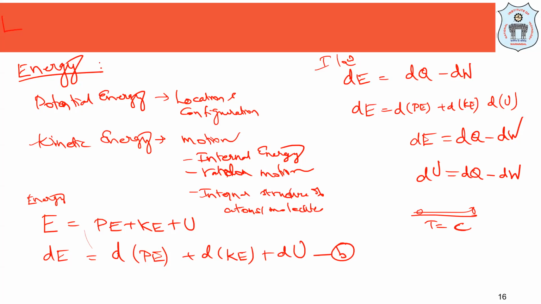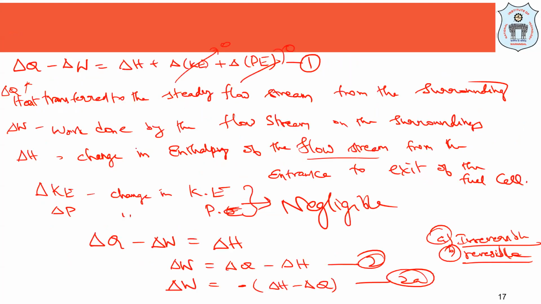We have seen the constituents of energy, and written the heat transfer to the steady flow stream, work done, change in enthalpy. In this, we have assumed the change in kinetic energy and potential energy are negligible in comparison to the other parameters.